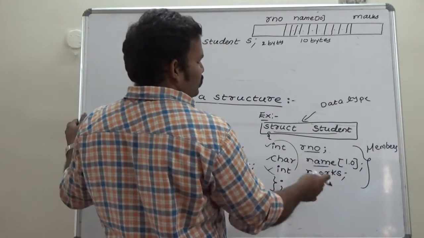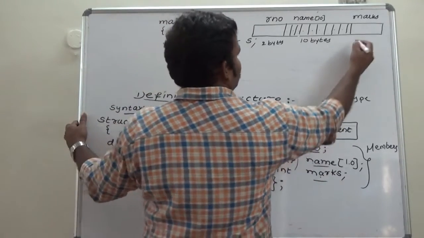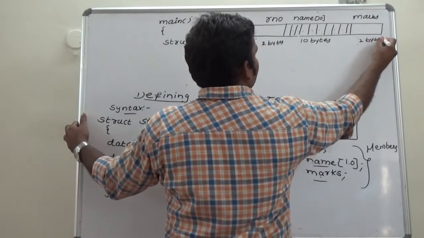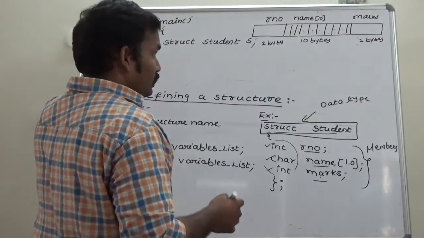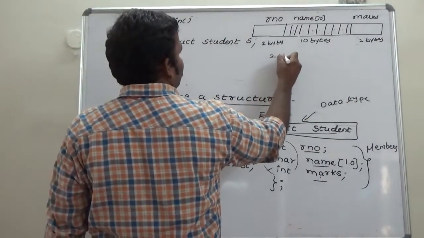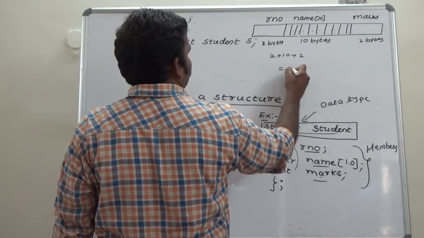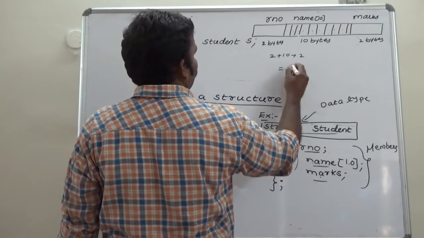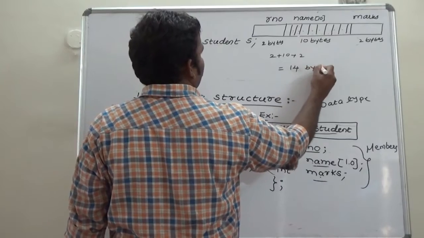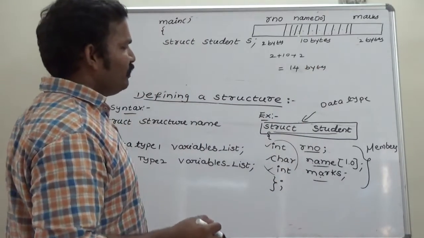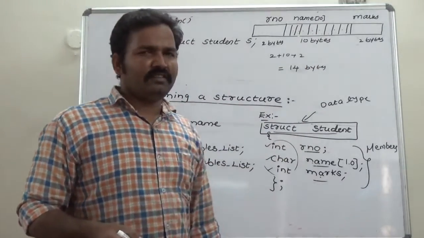If you want to increase it instead of 10, we can increase. Next, marks, so 2 bytes are allocated. So 2 plus 10 plus 2, a total of 14 bytes of memory is allocated for these structure variables.